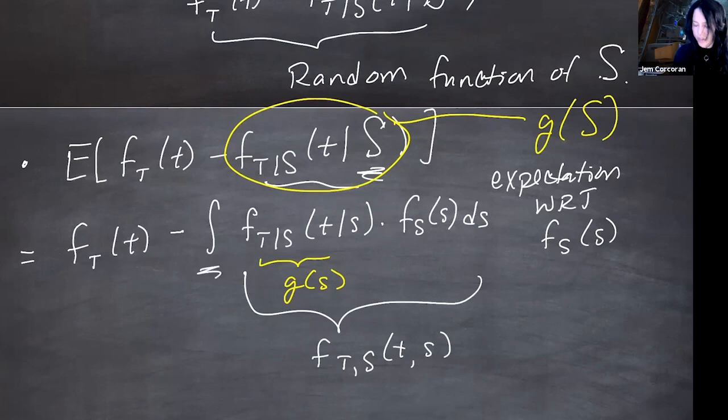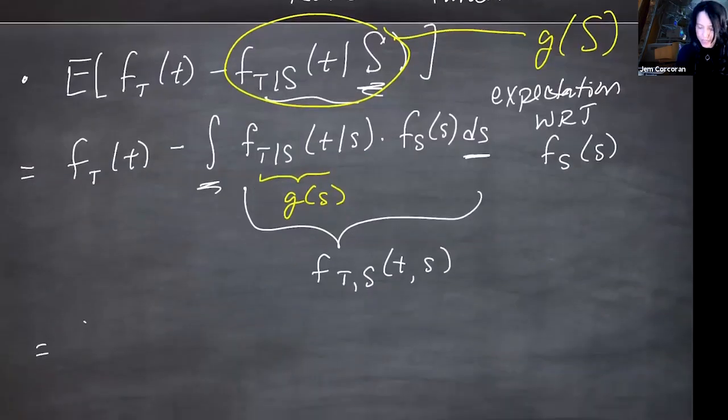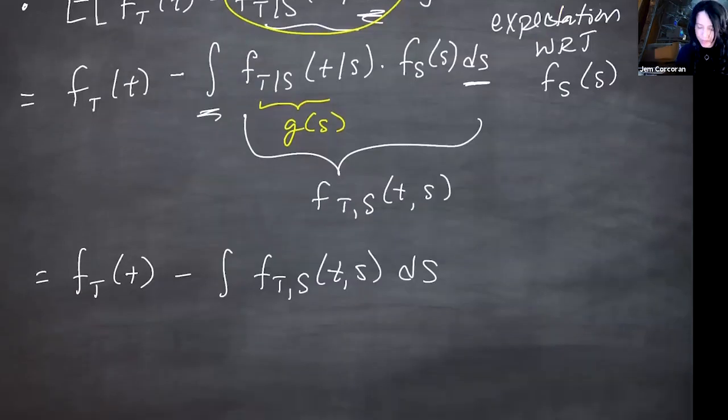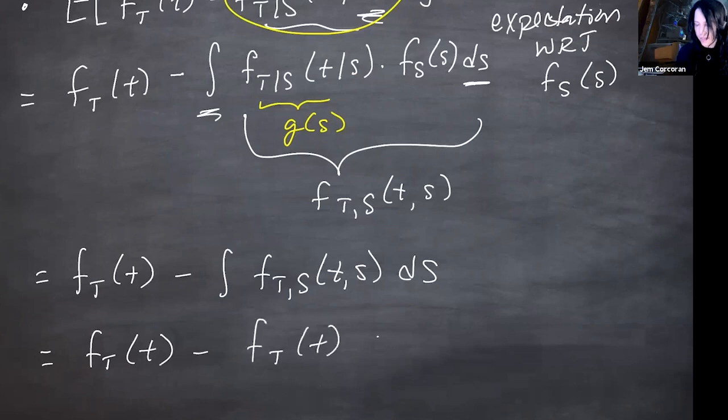And now I'm going to integrate out S. So this is f_T(t) minus the integral of f_{T,S}(t, s) ds. And these integrals are all over the entire space, minus infinity to infinity. So this is this guy minus the marginal, and we get 0.